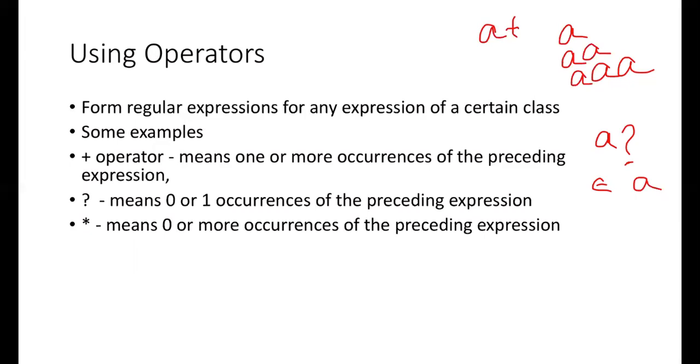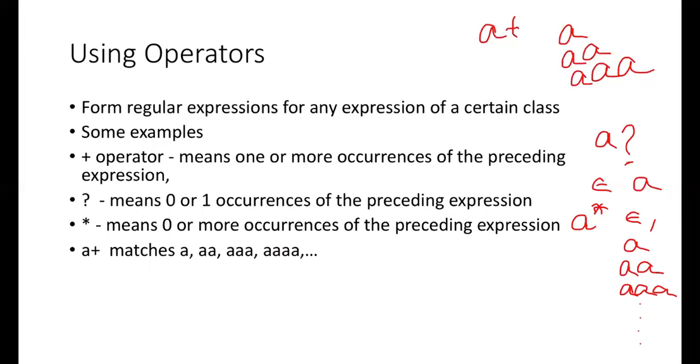Star, of course, has the same meaning. A star would mean 0 or more repetitions. So epsilon, if it is 0, the empty string, then 1 repetition, 2 repetitions, 3 repetitions, and so on. These are just the examples which I have shown here.